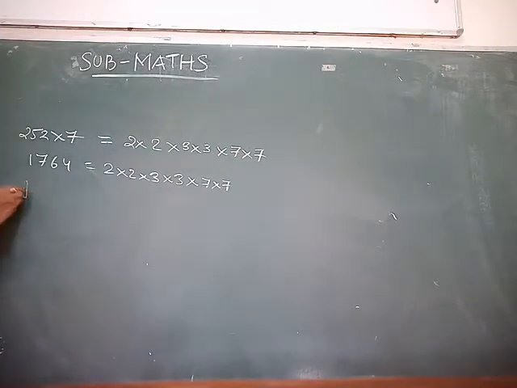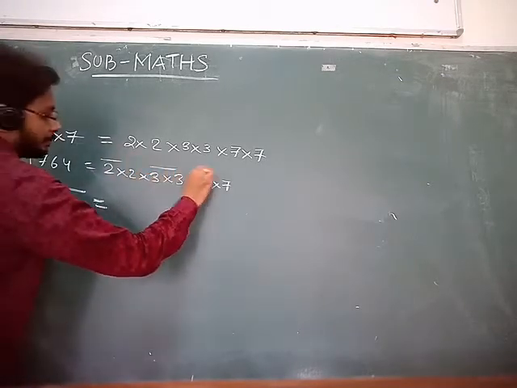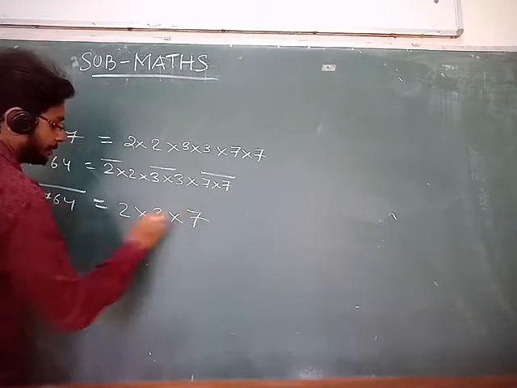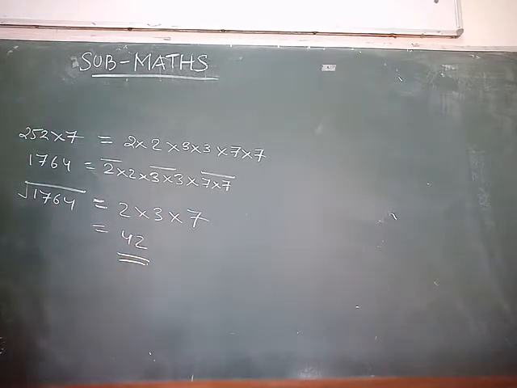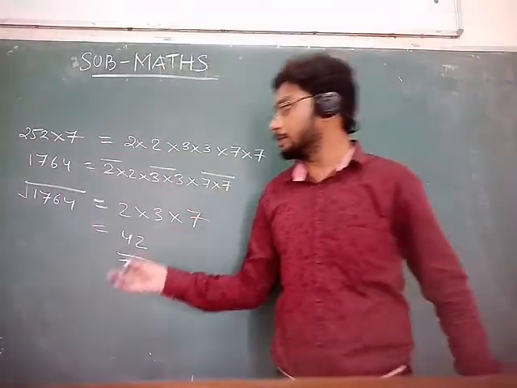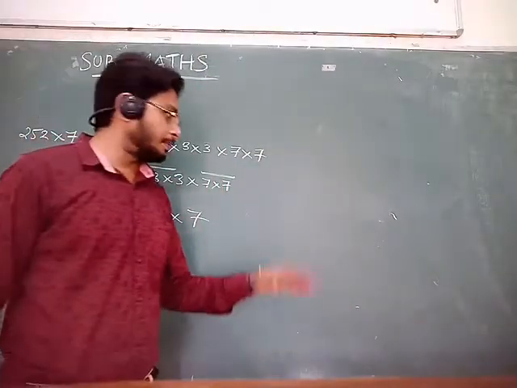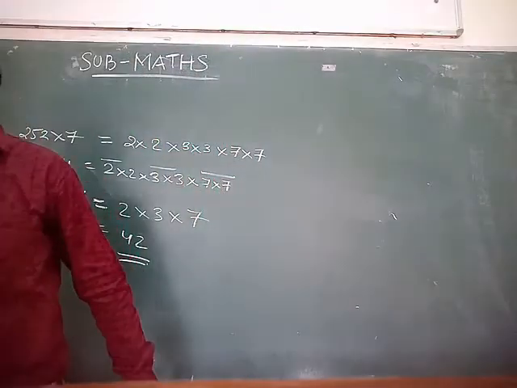So square root of 1764 is, by making pairs, you will get 2 into 3 into 7. Answer will be 42. So this is the process. In this process, you can know by which number you can multiply in the given number to make a perfect square.